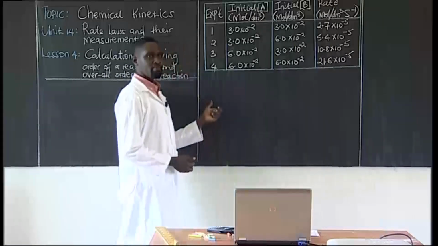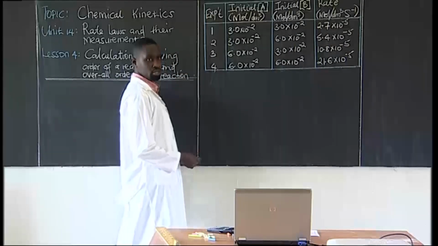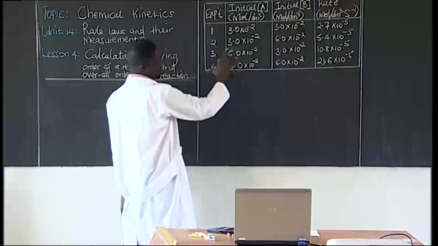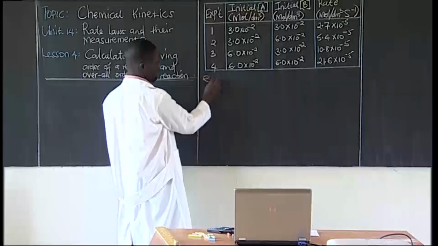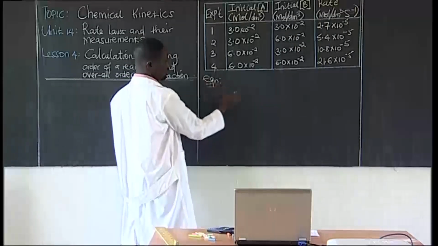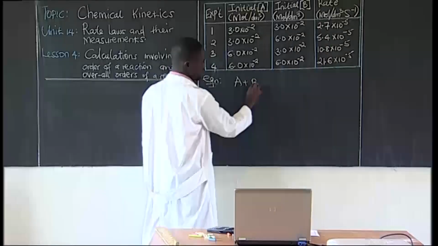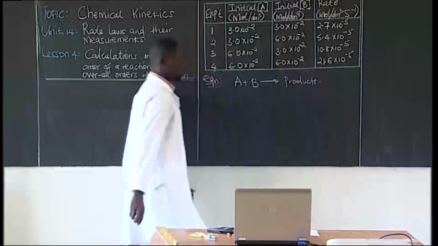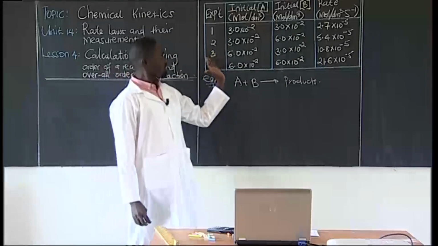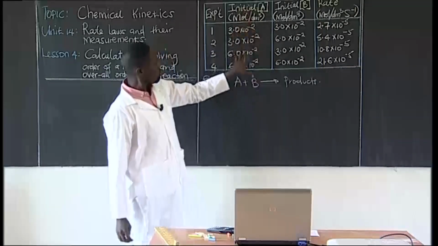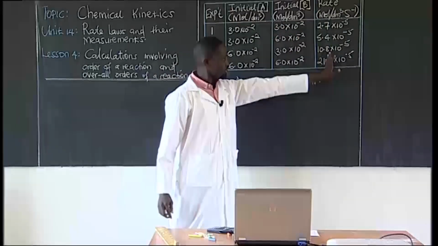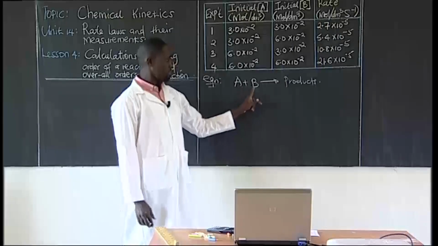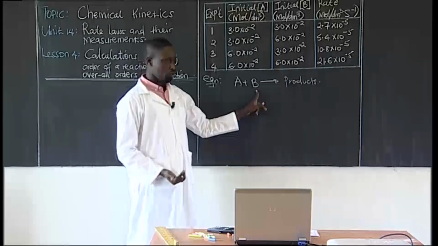It says determine the order of a reaction with respect to reactant A and reactant B. For this case, we had an equation, which is A plus B going to product. So we are to use these experimental values, initial concentration and initial rate, to get the order of reaction with respect to A and B, then we determine the overall.